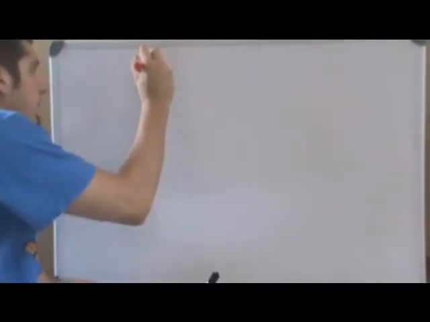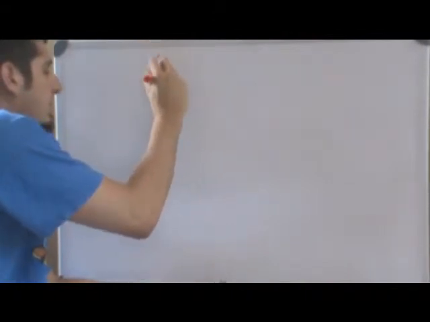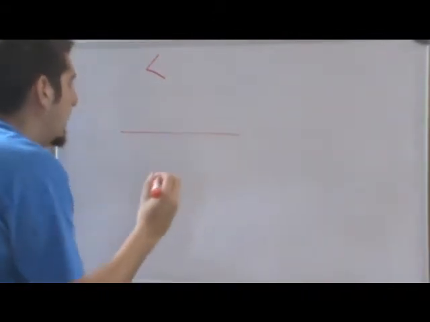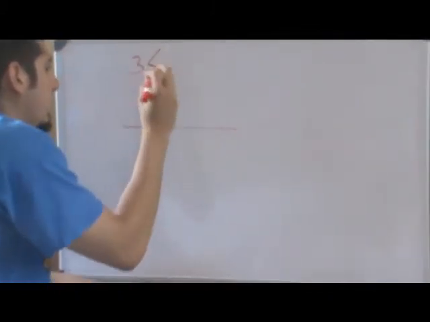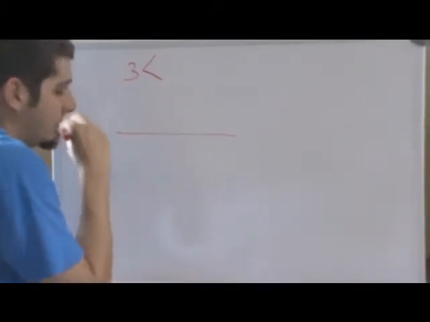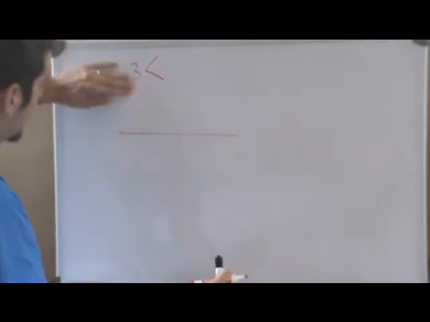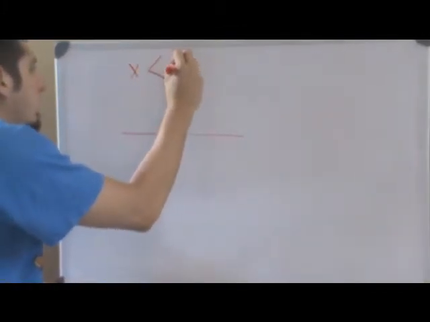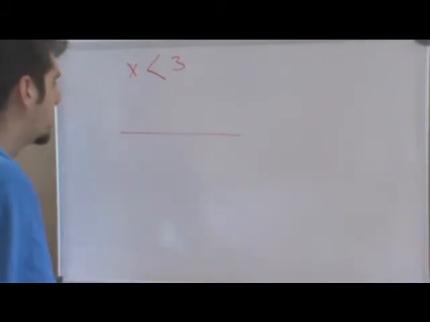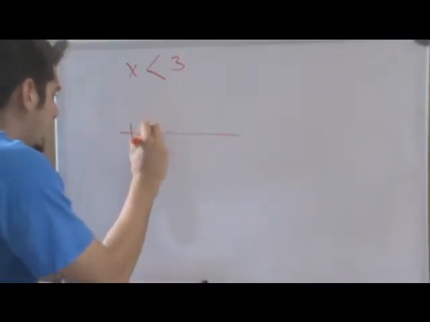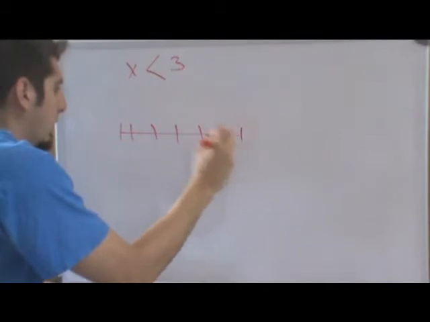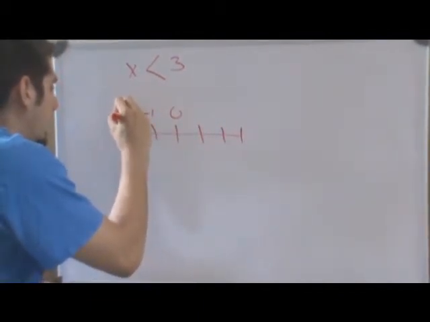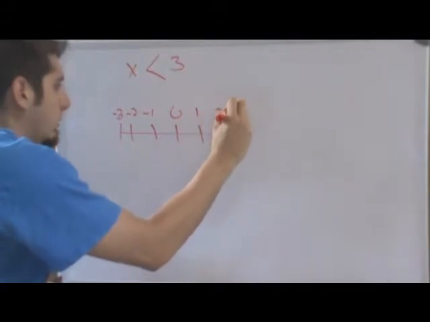Well, if we have a less than sign, and we have a number line here, and let's say it says x is less than 3. I'm going to put some numbers on a number line. Use 0, -1, -2, -3, 1, 2, 3.